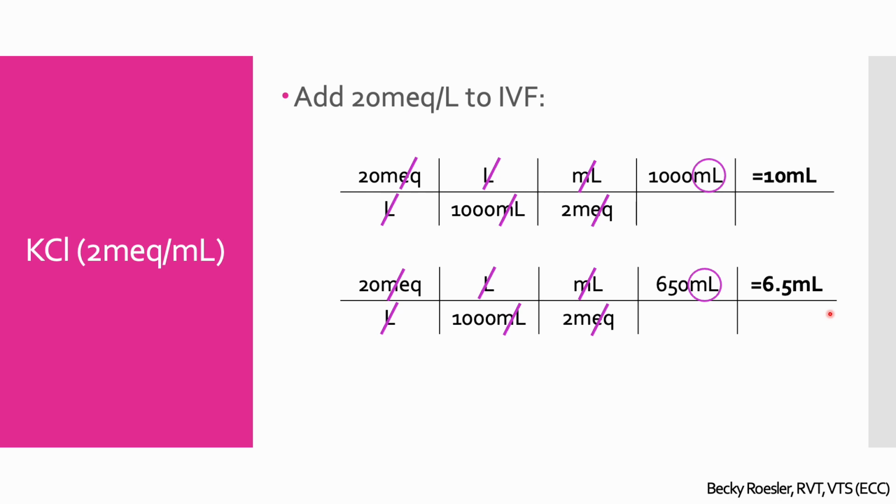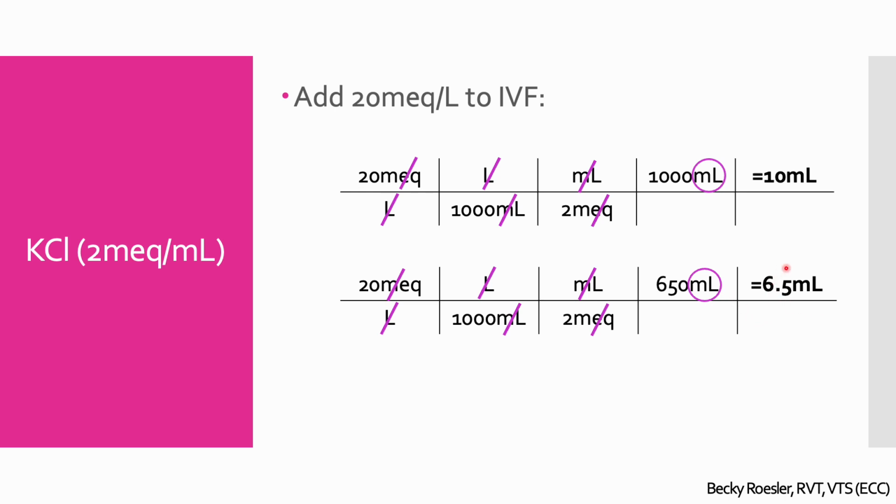Now, a lot of math is, does your answer make sense? So we know from the first problem that in 1,000 milliliters we're going to add 10 mils of KCl to equal 20 milliequivalents per liter. So it makes sense that our answer for 650 mils would be less than that.